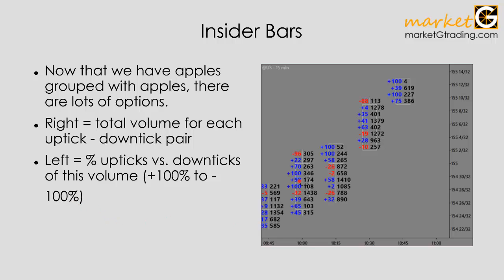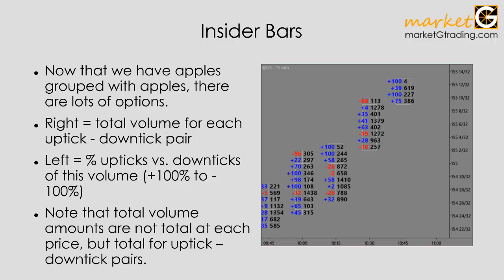And I colored the positive ones blue and the negative ones red to make it easier for you to see. So you can see at every point in time the balance between aggressive buying and aggressive selling. Note that the total volume amounts here are not totals at each price. Remember, they're offset by a half tick, but they are totals for each uptick, downtick pair.